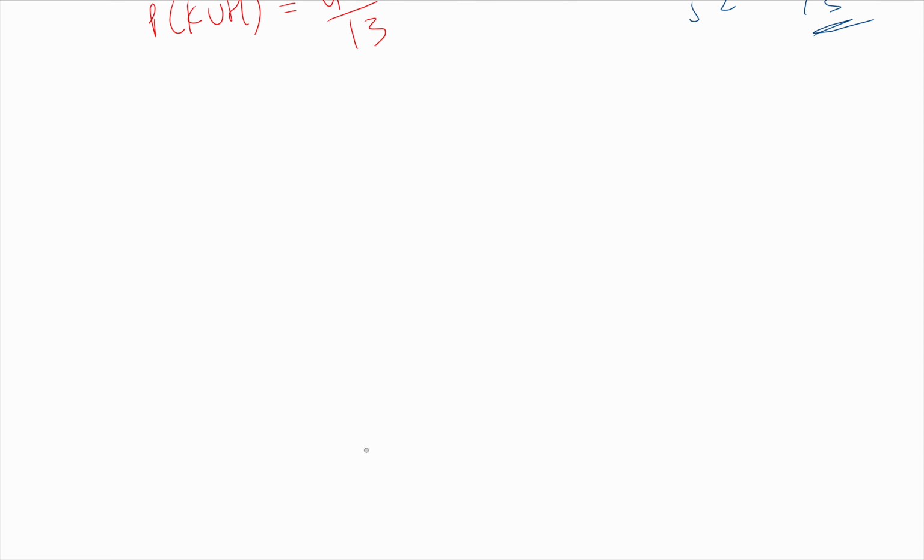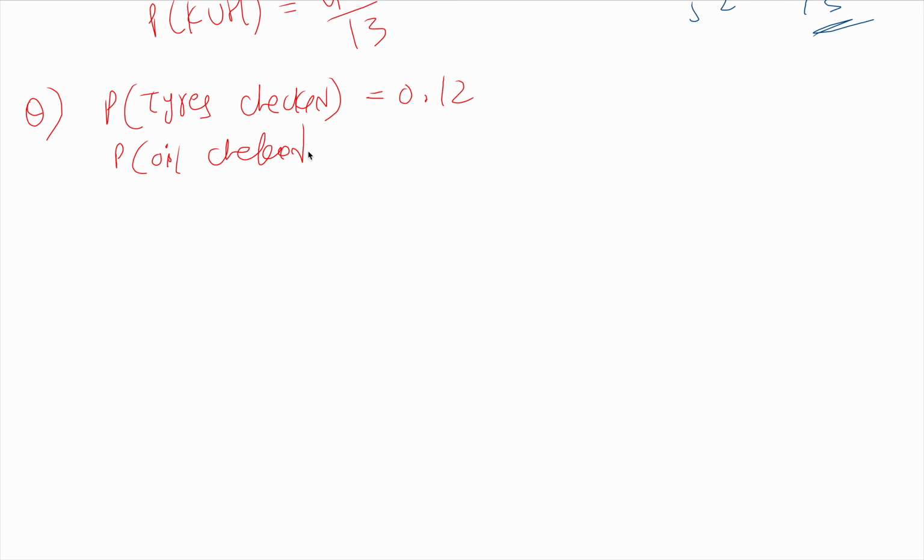Okay, we move to the next question. Probability of tires checked is equal to 0.12. Probability of oil checked is equal to 0.29. Probability of both is equal to 0.07.